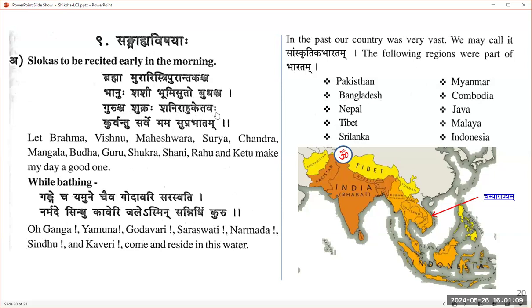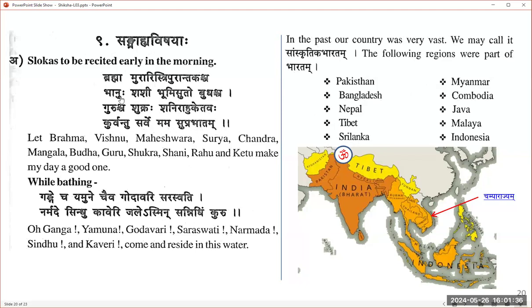Rahuhu, Ketavaha. Shani Rahu Ketavaha is taken as a triad, so Bahuvachana there. Rahu is the shadow graha, and Ketu is the comets and meteors. Kurvantu sarve, they all do mama suprabhatam, my good morning.